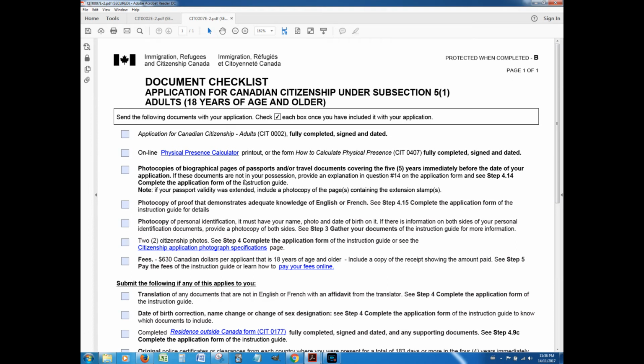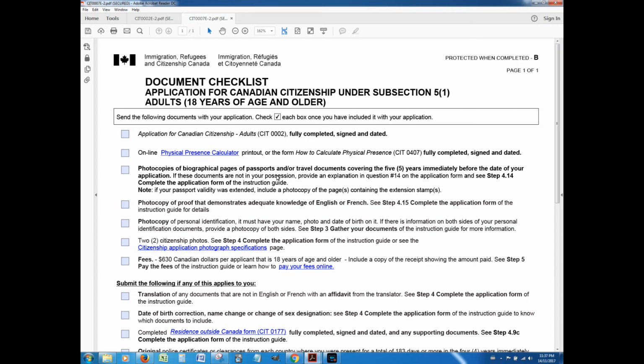If these documents are not in your possession, provide an explanation in question number 14 on the application form and see step 4.14, complete the application form of the instruction guide. Note, if your passport validity was extended, include a photocopy of the pages containing the extension stamps.